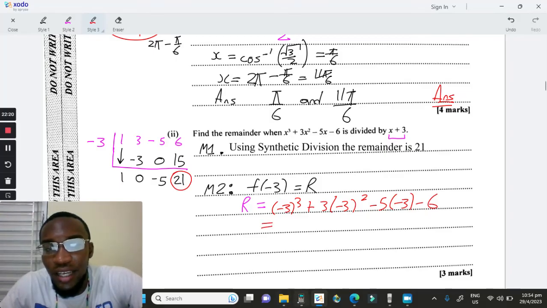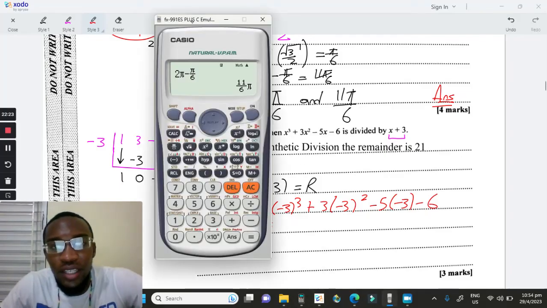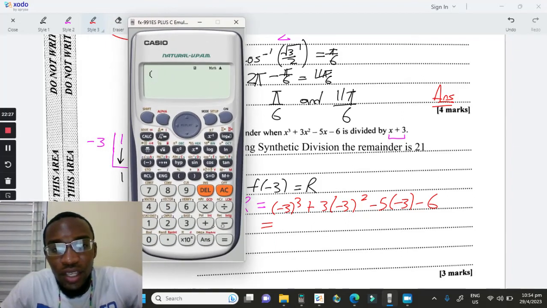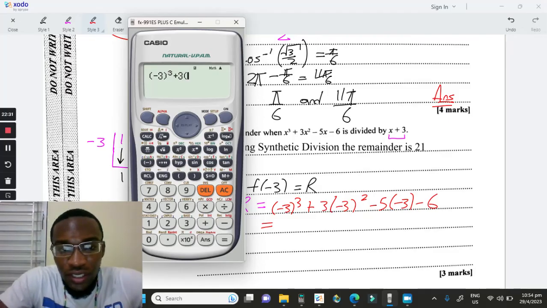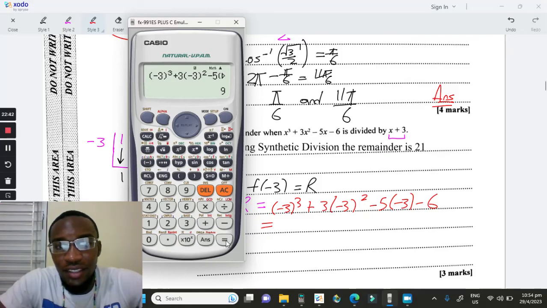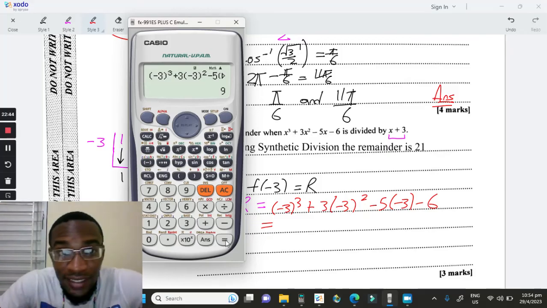Then from there, that's calculator job. Bring out the calculator. Negative 3 cubed plus 3 times negative 3 squared minus 5 times negative 3 minus 6. Put that in the calculator. And we get 9.